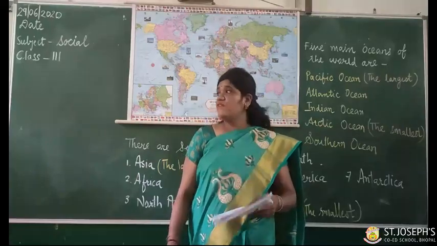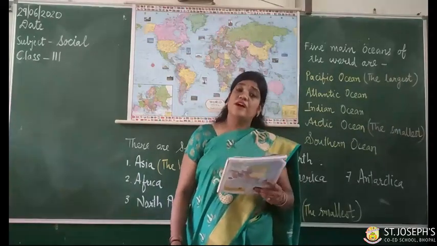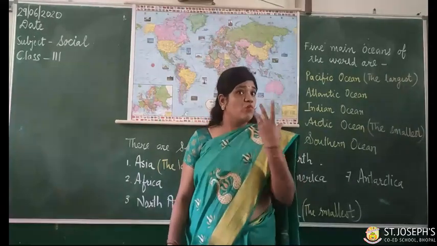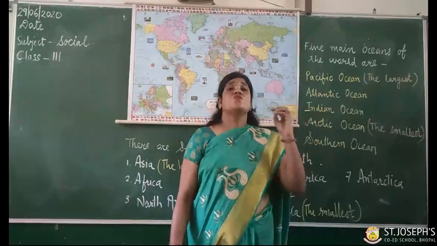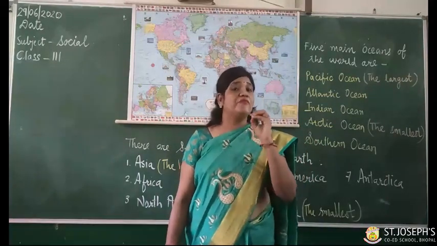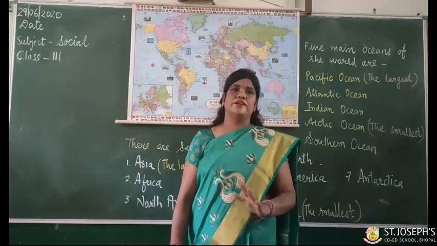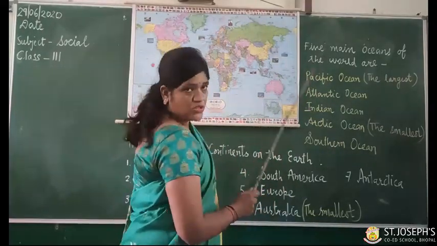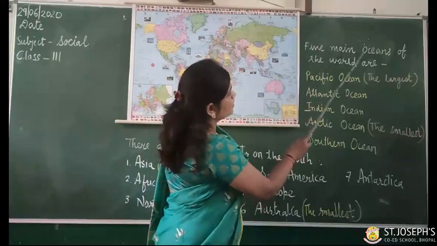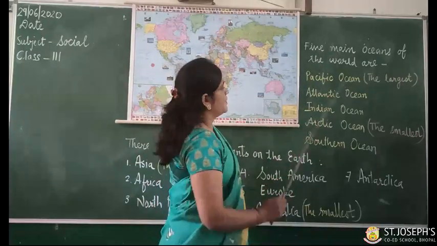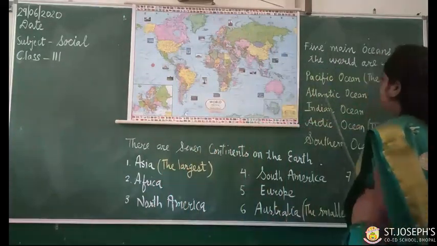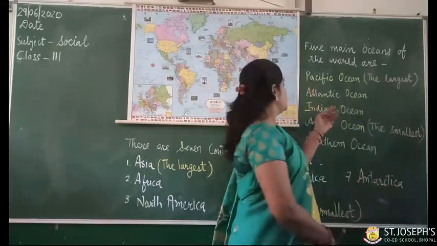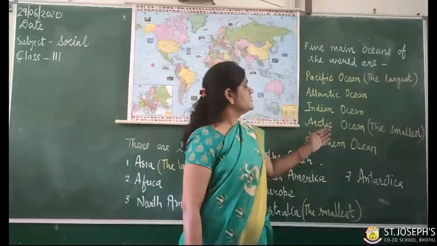Now the main 5 oceans of the world are, as this is a world map, I am showing you all the 5 main oceans. Please see carefully. The 5 main oceans of the world are Pacific Ocean, Atlantic Ocean, Indian Ocean, Arctic Ocean, and Southern Ocean.